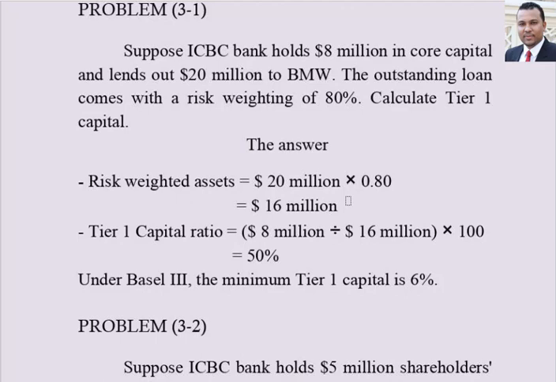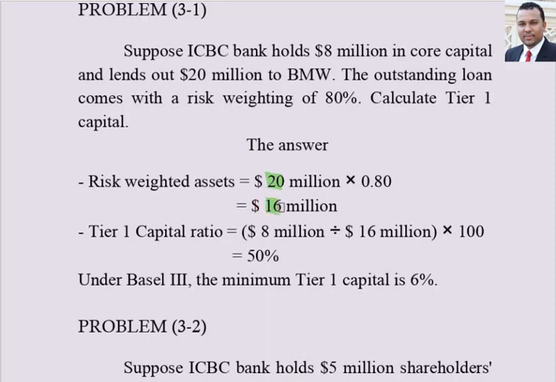Outstanding loan comes with the risk weighting of 80%. Calculate the Tier 1 capital. Risk-weighted asset equals the nominal value, 20 million, times 80%, which equals 16 million. So we compare the loan before risk, equal to 20, with the loan after risk, equal to 16.